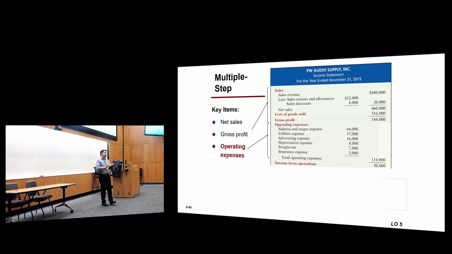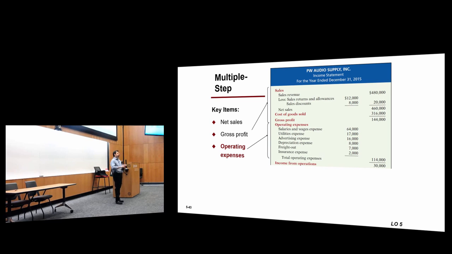After that information, the company will start listing operating expenses. So the first part was to calculate net sales and gross profit. After that, the company starts listing operating expenses.